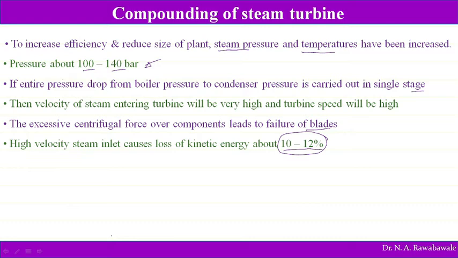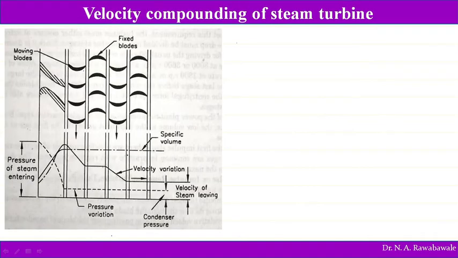So compounding of a steam turbine is nothing but the expansion of steam being carried out in multiple stages instead of a single stage. The pressure drop is divided into a number of stages.